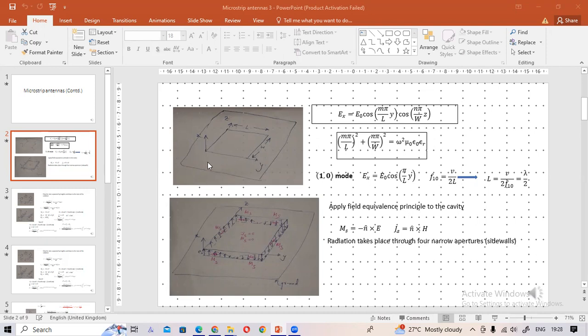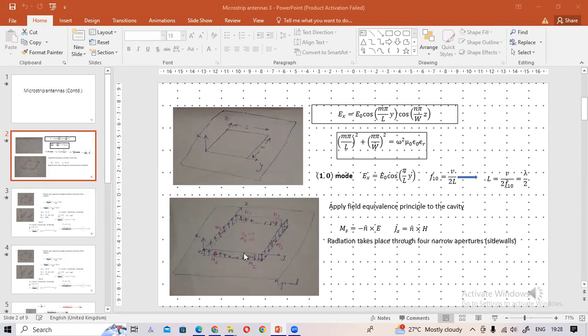The X direction is from the ground to the patch antenna, so in the X direction we can define the thickness of the substrate. So X is the thickness direction, Y the length direction, and Z the width direction.